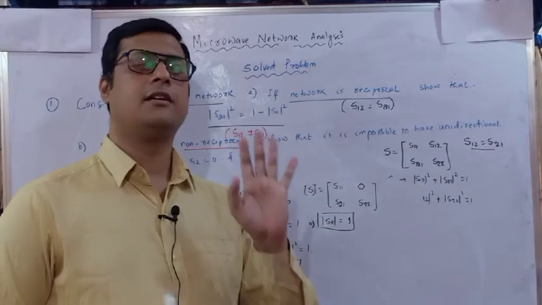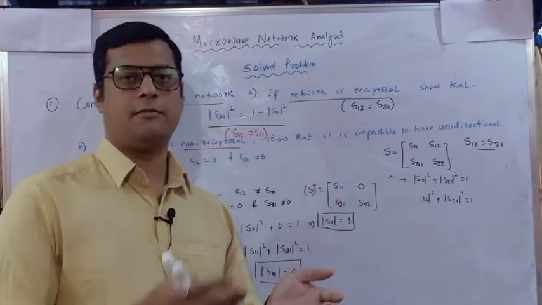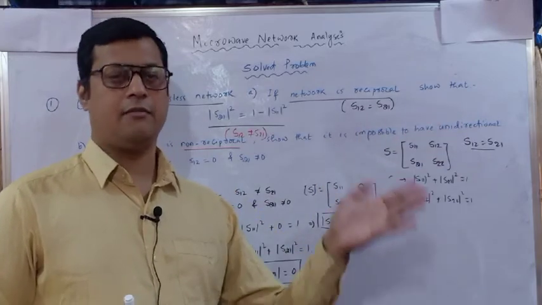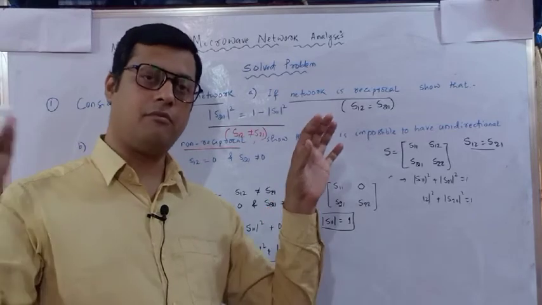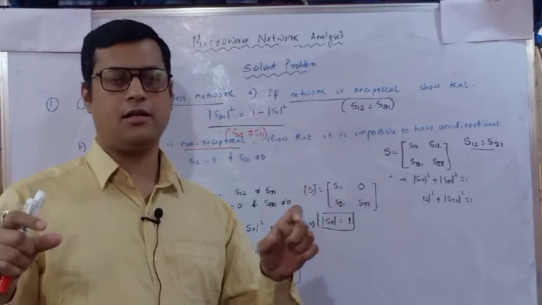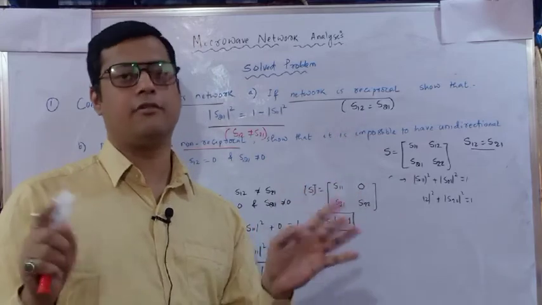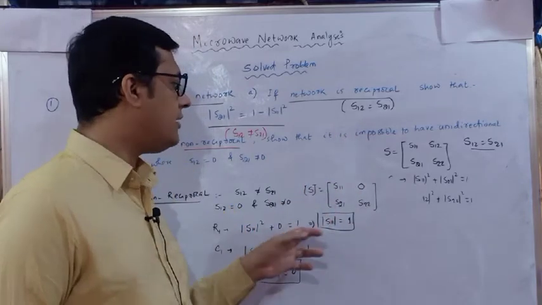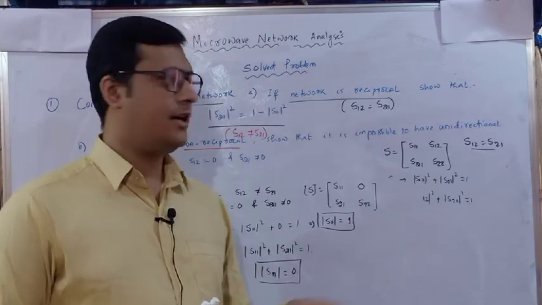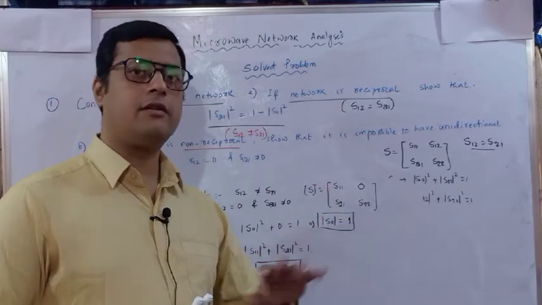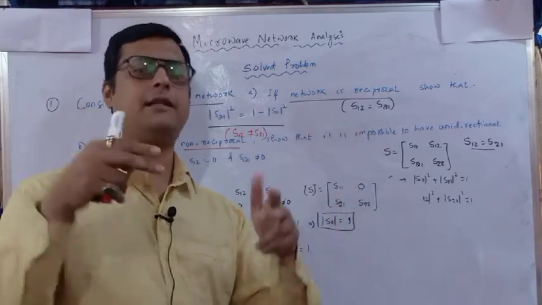Unidirectional means we transmit from one end only, not from the other end. But since S11 and S22 will exist, that means from both sides we are feeding the power. So power transmission is bidirectional, not unidirectional, because here S21 is 0 and S12 is also 0. If they exist, that means from both sides the power is fed.